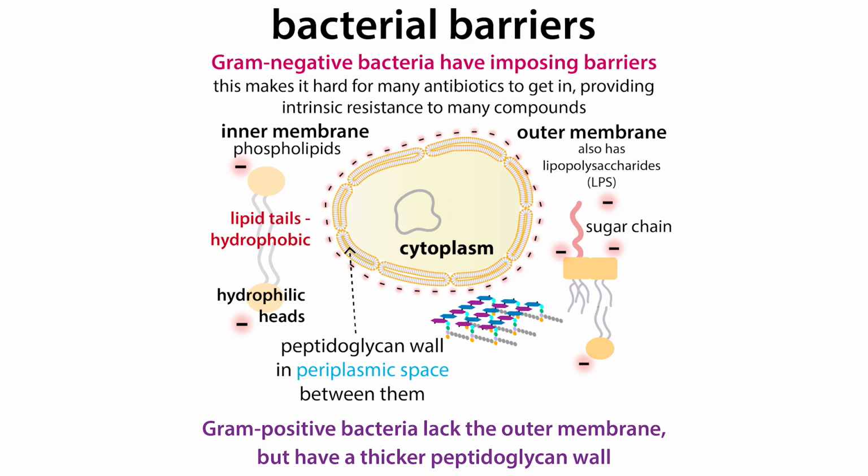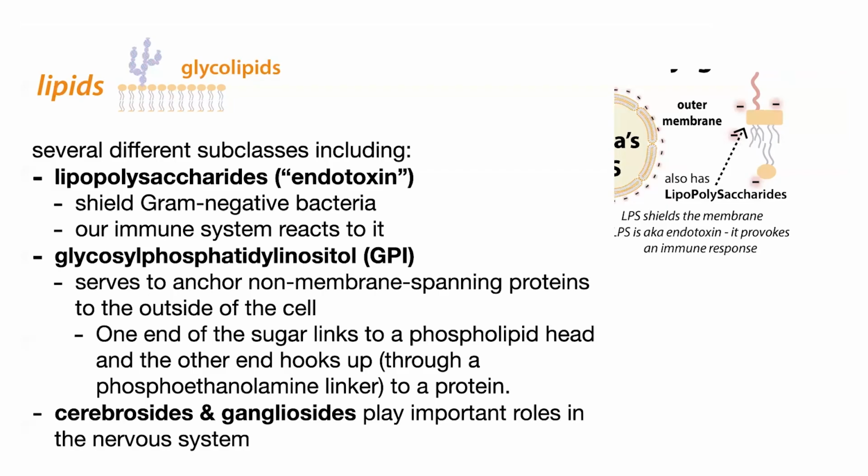This is a glycolipid that bacteria have, and different bacteria will have different ones, but these stick out from the outer membrane. You'll find these in gram-negative bacteria, and to help protect them, they have these lipopolysaccharides, which stick out and make it harder to get to the bacteria's surface. It's called endotoxin, and it provokes an immune response.